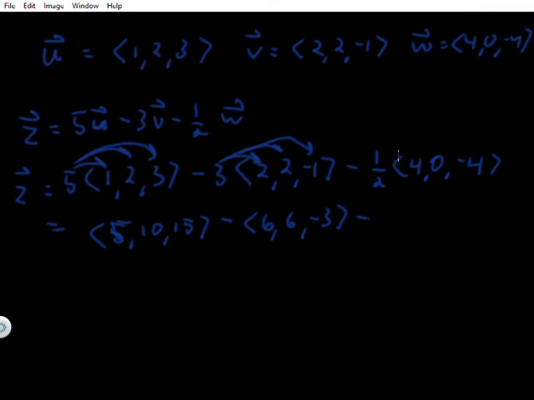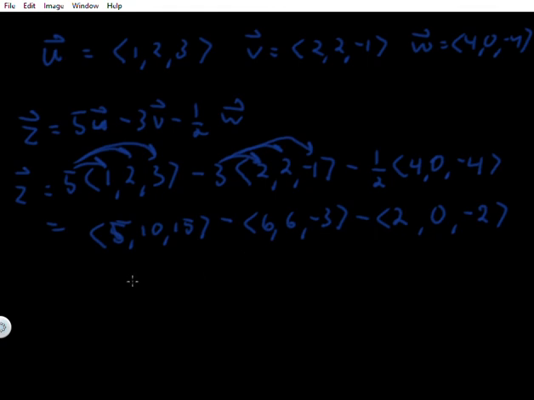Minus, distribute the 1/2, gives us a 4, 0, oh sorry, that's a 2, I apologize. Good thing I caught that. This should be a 2. So minus 2, 0, minus 2.